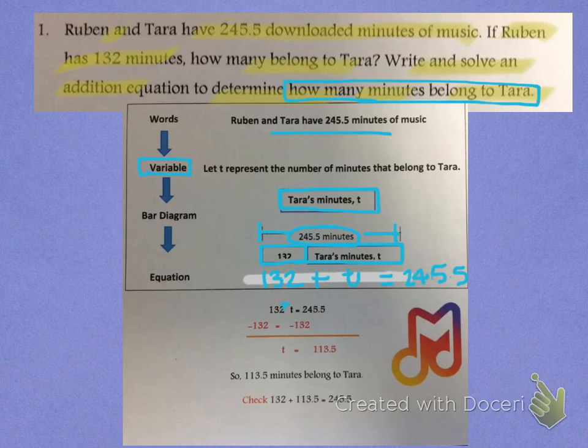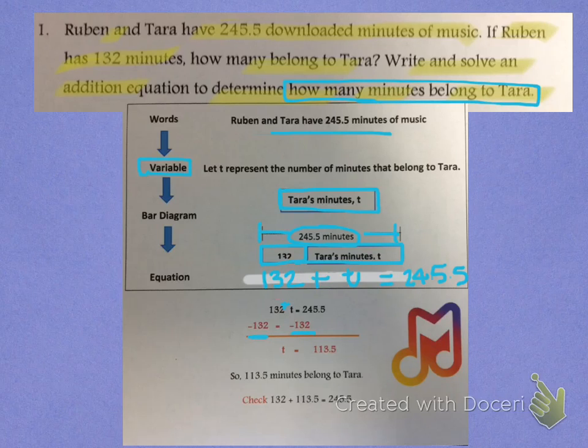In order to do that, I'm going to do the opposite operation of addition, which is subtraction. I'm going to subtract 132 from the left side of the equal sign, but what I do on the left, I have to do on the right to keep it balanced.